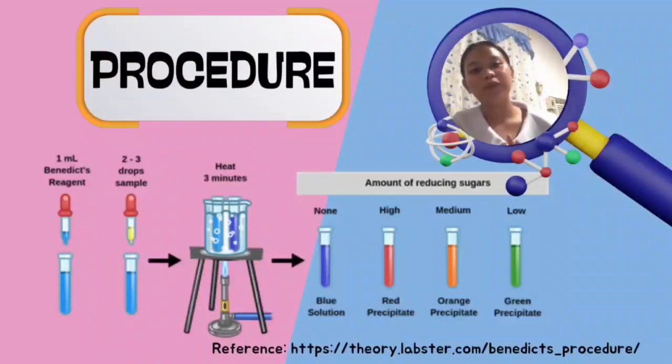This step is very important because heat makes the reaction happen between Benedict's reagent and any reducing sugars present. Sixth, after heating, we take out the test tubes and let them cool. Then we carefully check if the color of the solution has changed. The color change will tell us if there are reducing sugars and how much is present.